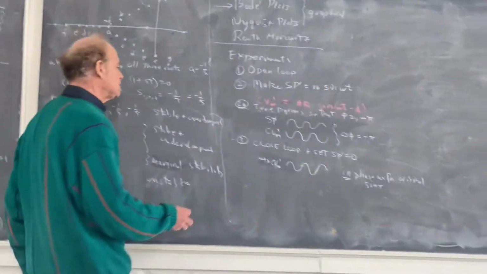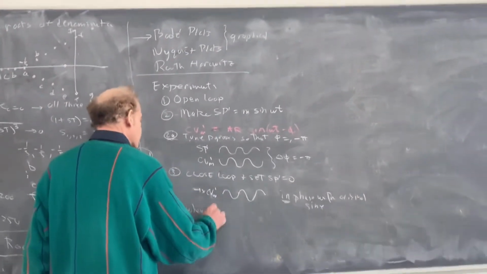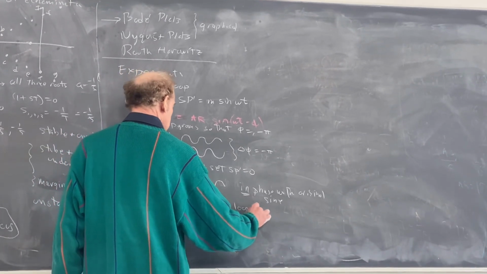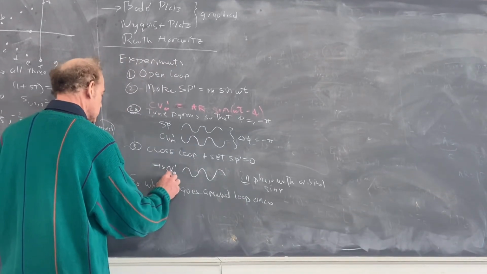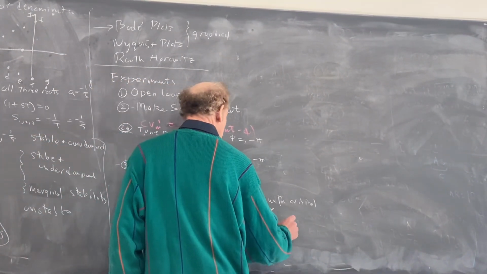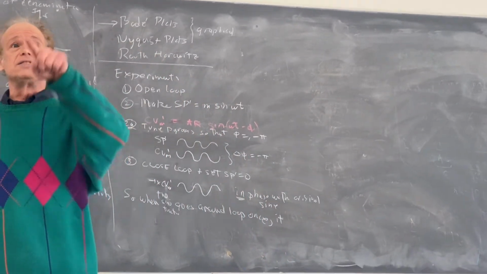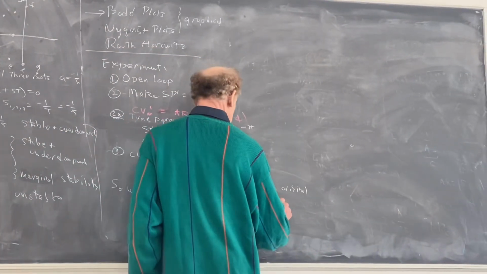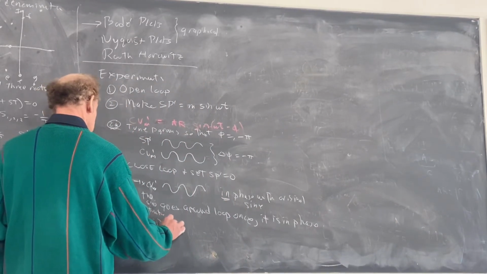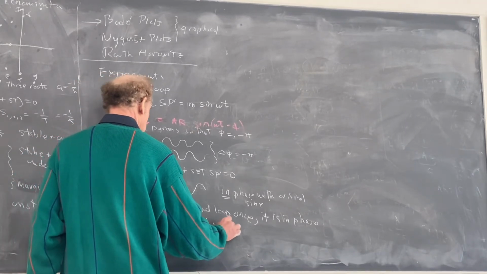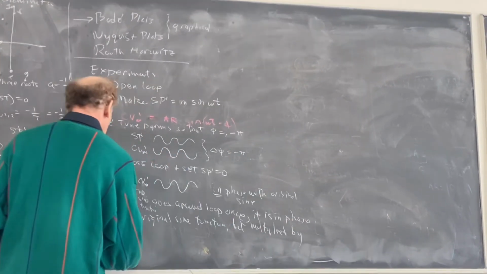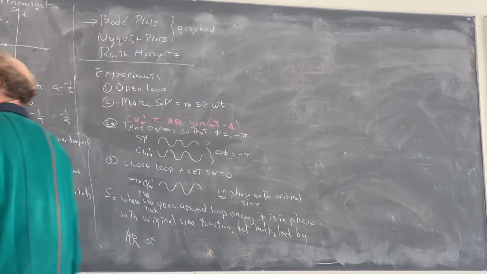So what does that mean? When the sine function goes around the loop once, it stays in phase with the way it started, but multiplied by the amplitude ratio, AR, of all the G's that it went through.